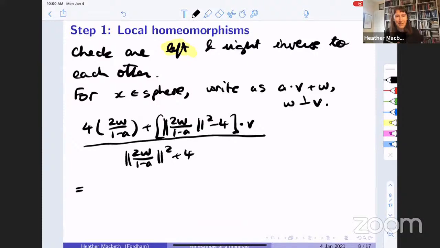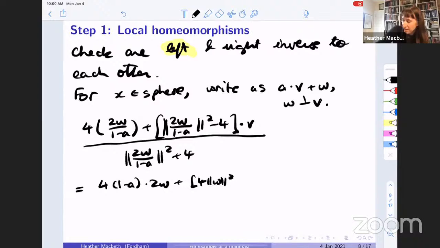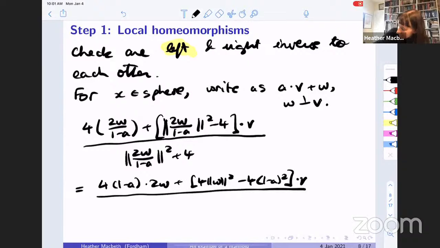Oh my goodness, I want to expand this out. Maybe I'll clear the denominators. This is going to be 4 times (1 minus a) times 2w plus 4 norm squared w minus 4 (1 minus a) squared times v, over 4 norm squared w plus 4 (1 minus a) squared.